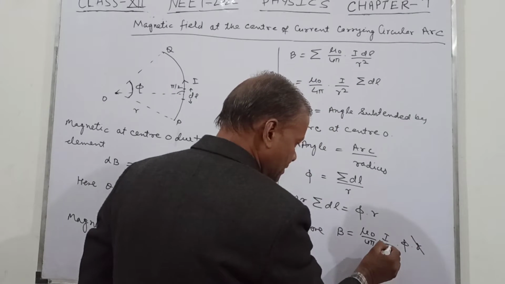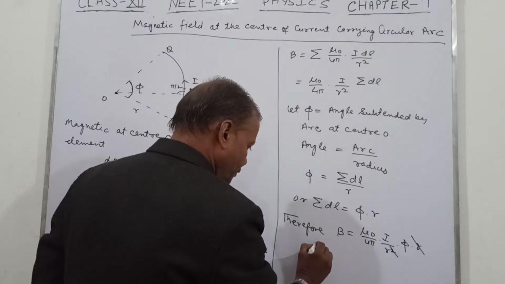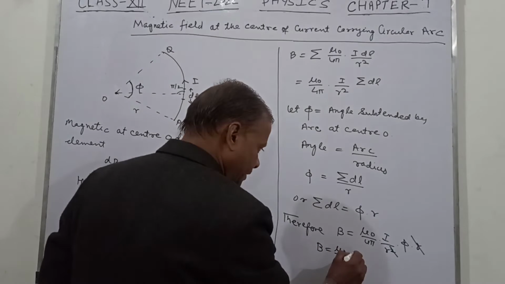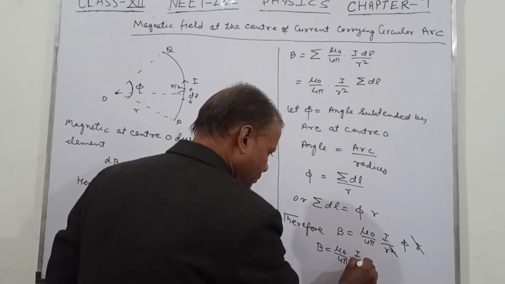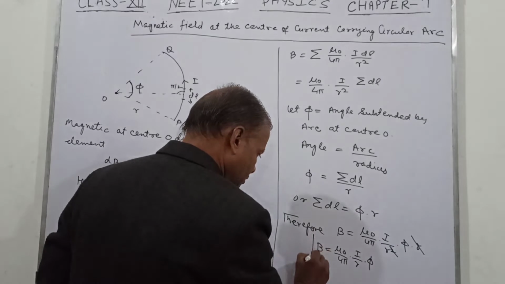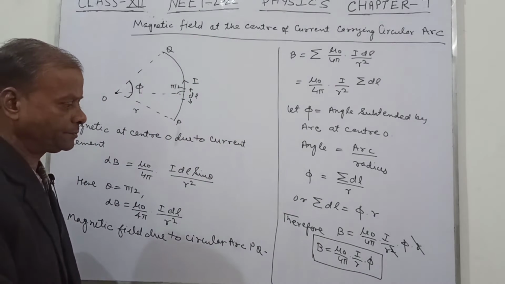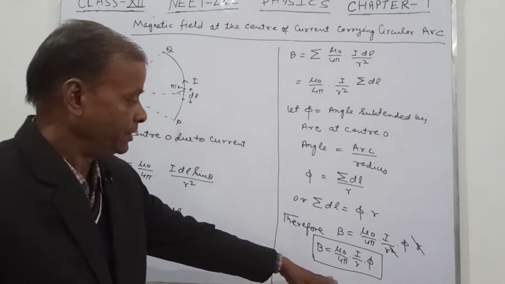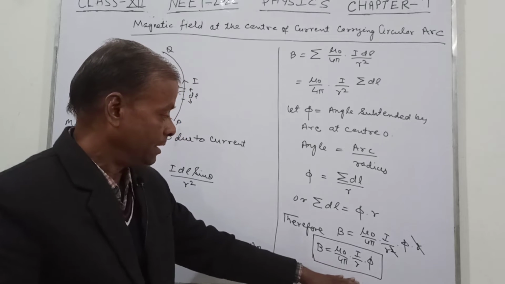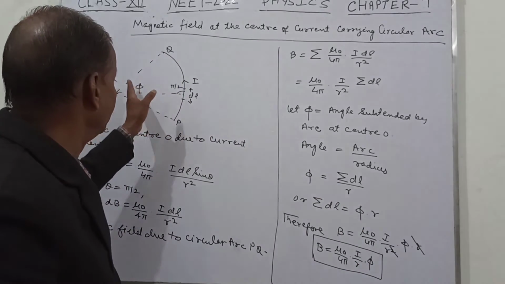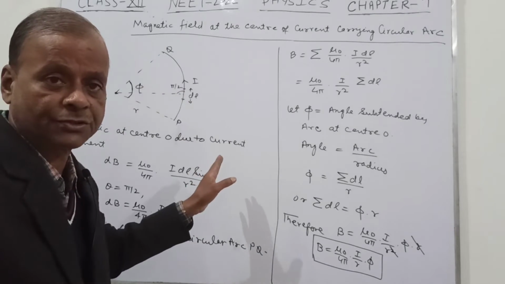So this r will cancel, and we will have B equal to mu naught upon 4 pi into I upon r into phi. This is the required expression. When we are given the value of phi, you can take the value of phi for different arcs.